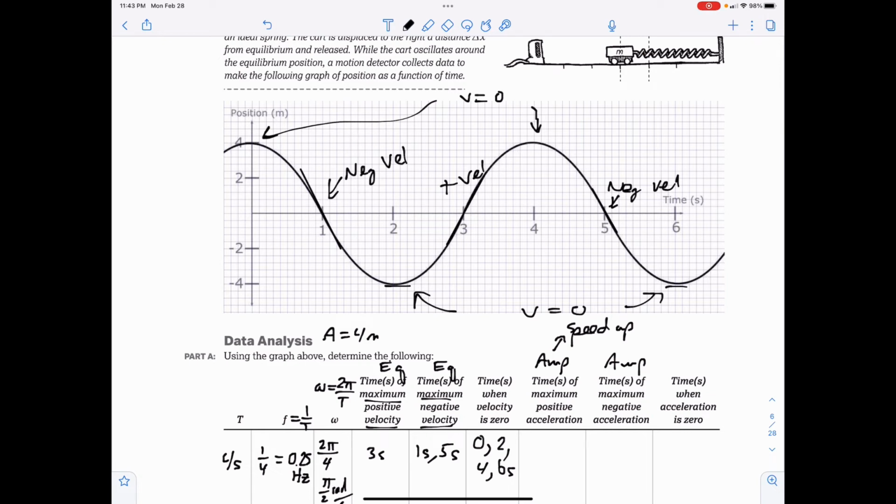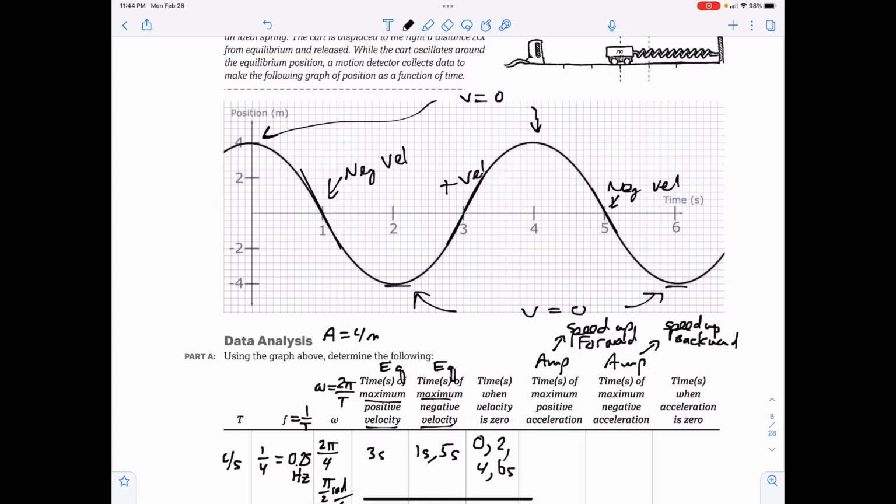So speeding up, going forward. Whereas times of maximum negative acceleration would be those times where you're speeding up, but you're going backward or you're going in a negative direction.